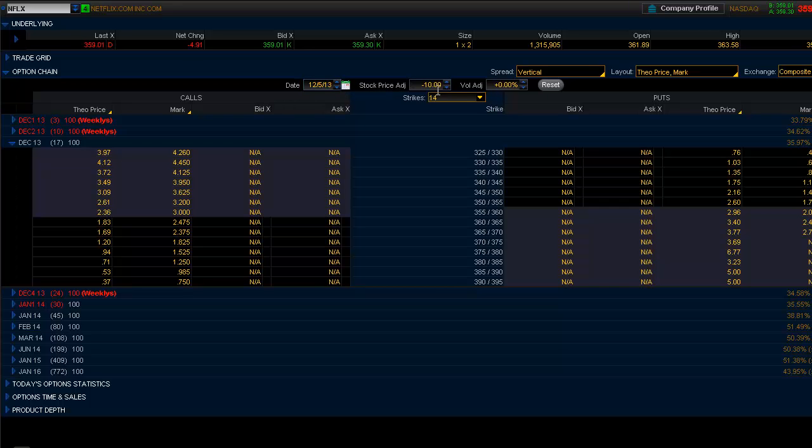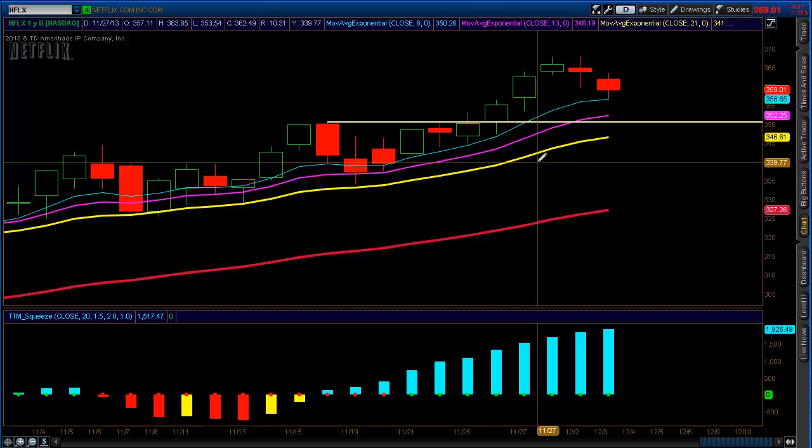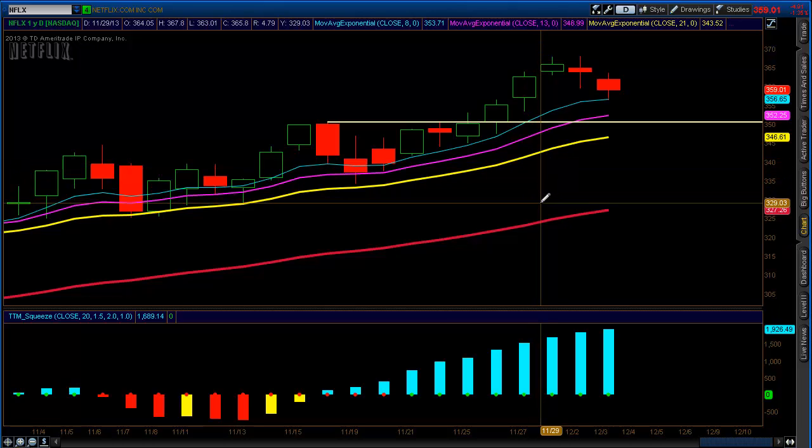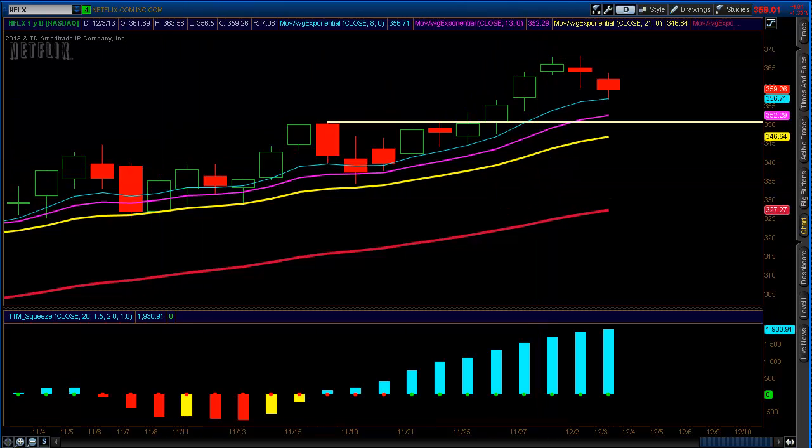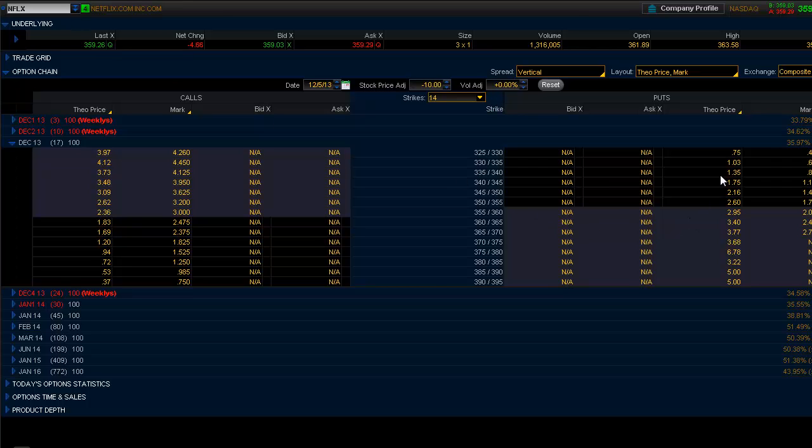So in the next day or two, we would look for selling something below. Let's say maybe the 340. 330 is probably not going to get that much for it, so far away. With a $10 drop, we would be looking for a theoretical price of about $1 for the 335, 330 put spread.